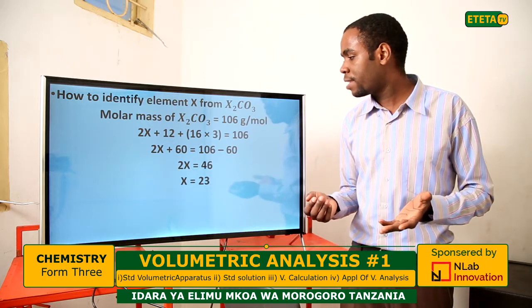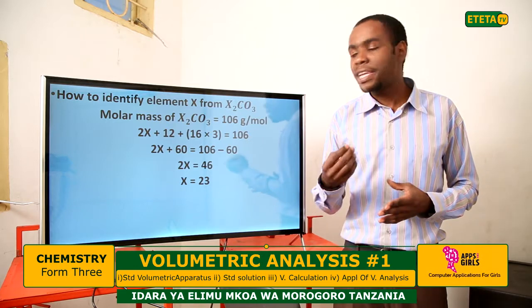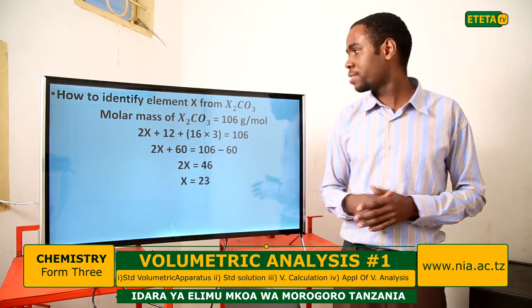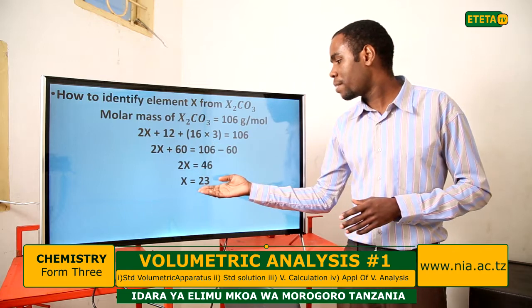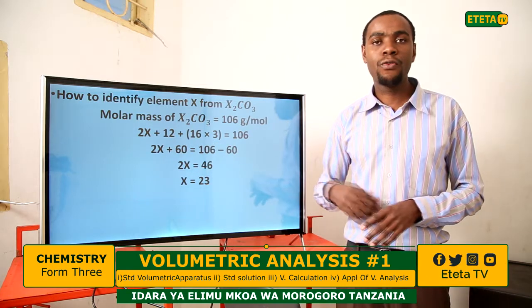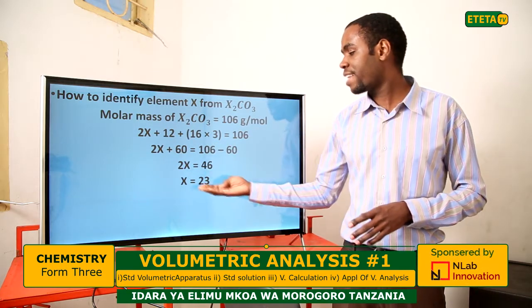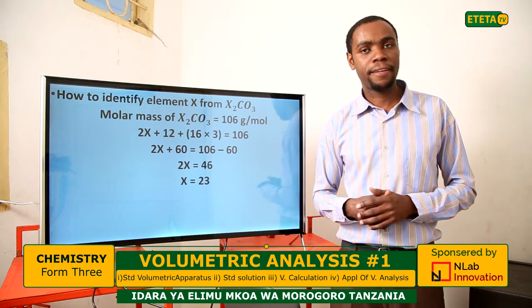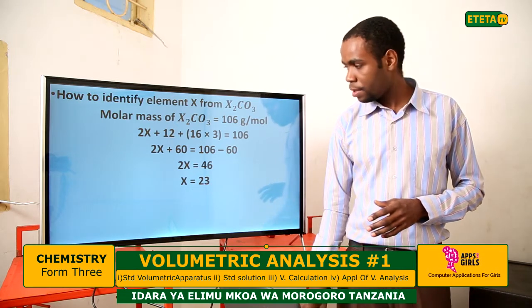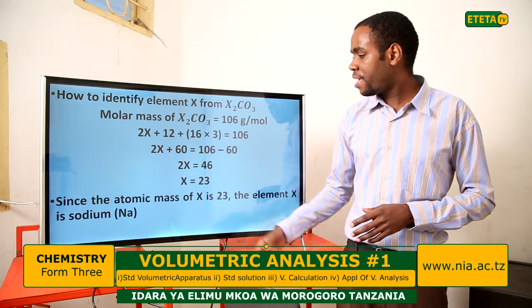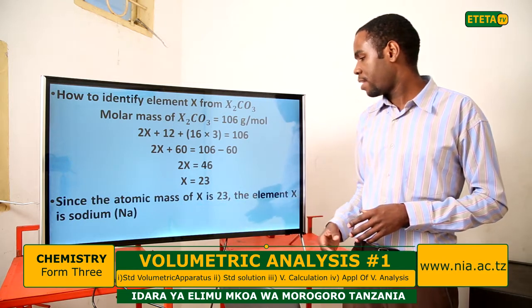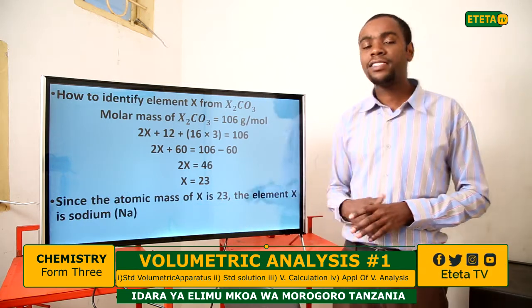So, which element has the atomic mass of 23? Because X has the atomic mass of 23, you find the atom which has the atomic mass of 23. Since the atomic mass of X is 23, the element X is sodium.